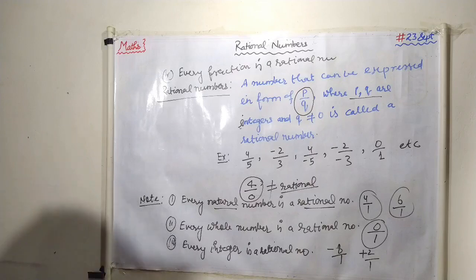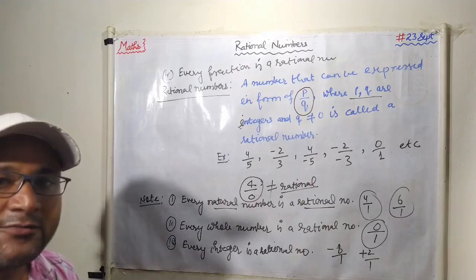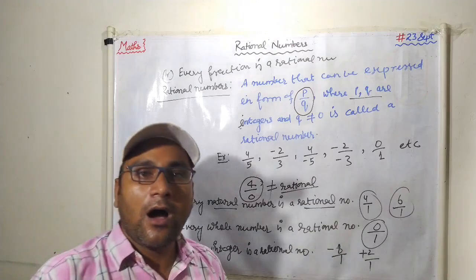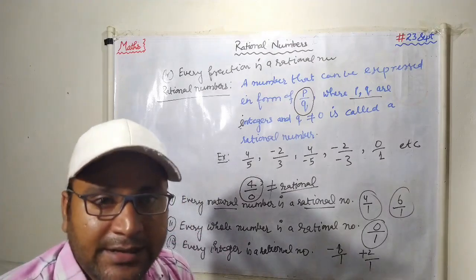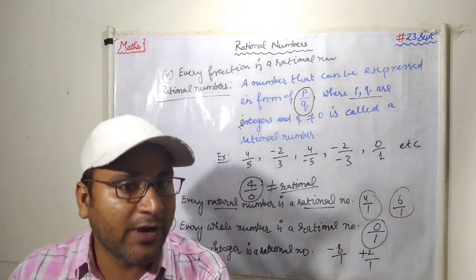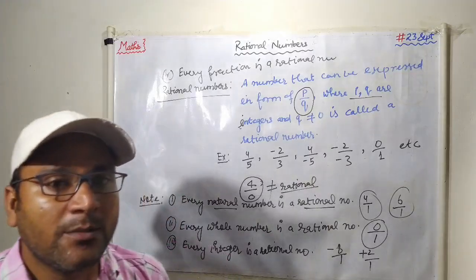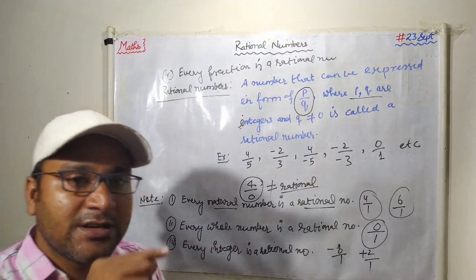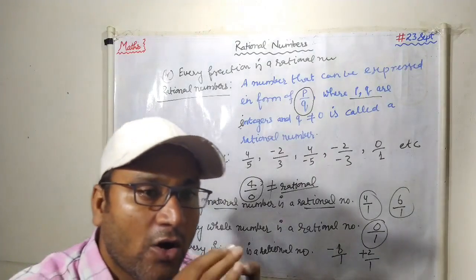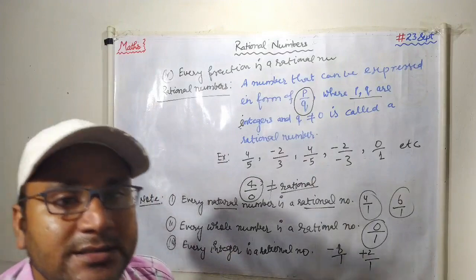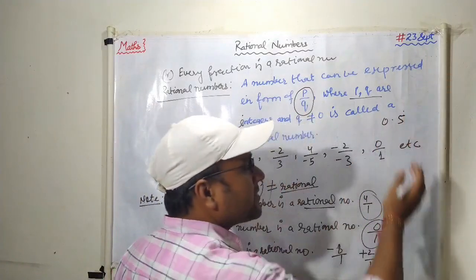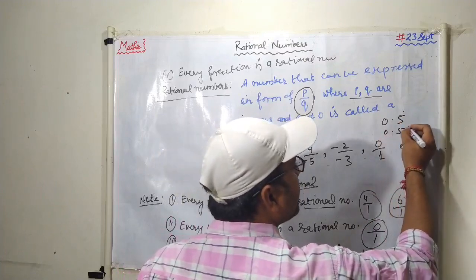Next one is a decimal. Every decimal, whether recurring or terminating, means there are two types. Non-terminating decimals do not represent a fraction or a rational number, but a decimal which is terminated or recurring also represents a rational number, like 0.555 and so on.